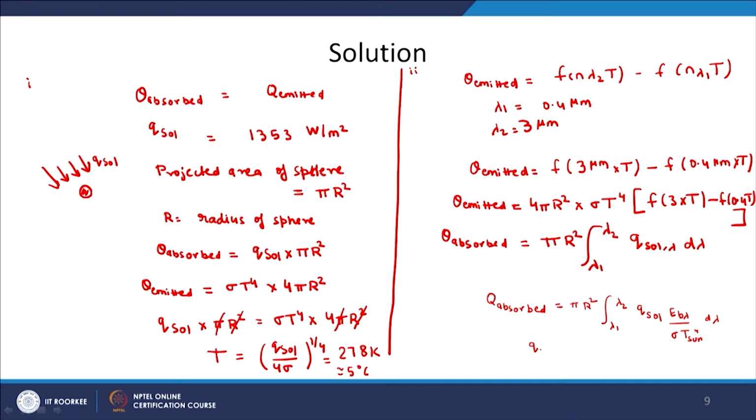That means q sol lambda is proportional to E b lambda, because sun behaves like a black body at a temperature of 5777 Kelvin. So, we can replace the spectral flux with the black body emissive power of the sun at the temperature of the sun equal to 5777 Kelvin.